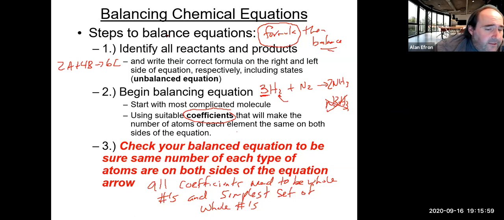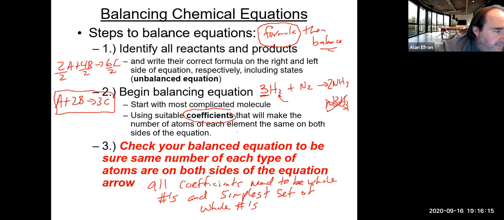But if you look at all these coefficients, you actually could go through and divide everybody by 2 and reduce it down. The correctly balanced equation in this case would be A plus 2B gives you 3C. This sometimes happens because sometimes people can see larger numbers to get things to balance, and sometimes people can see smaller numbers.